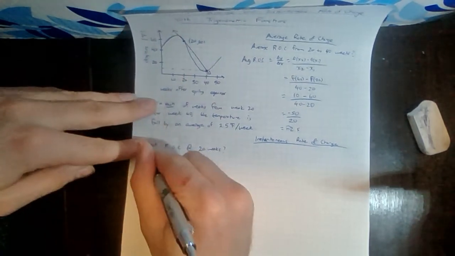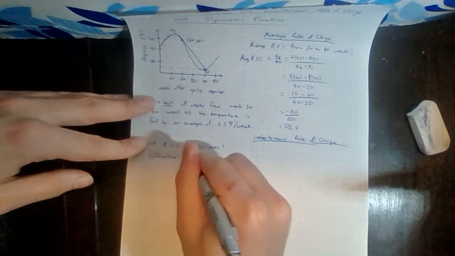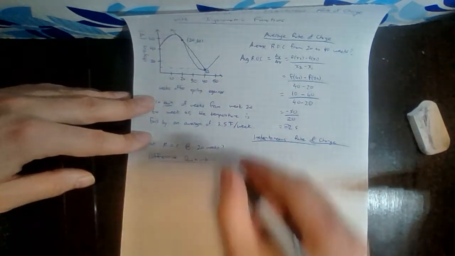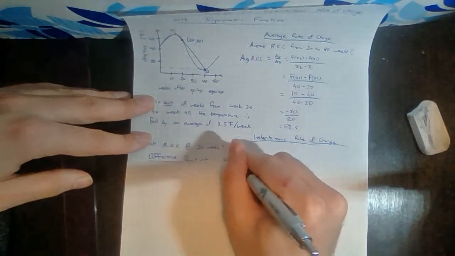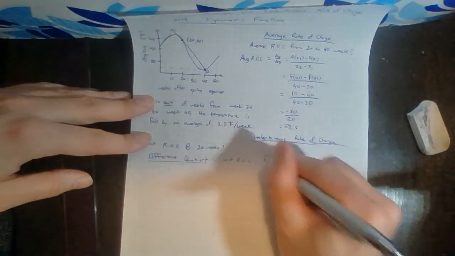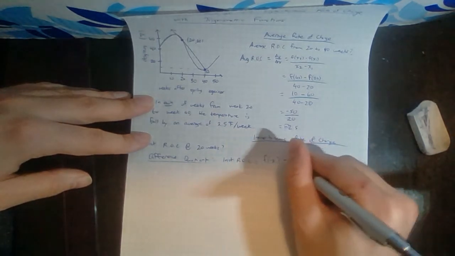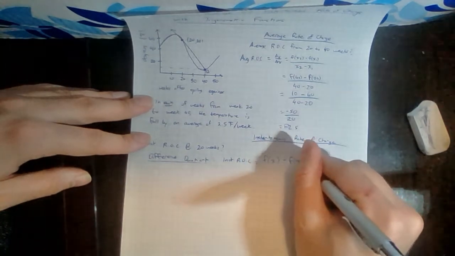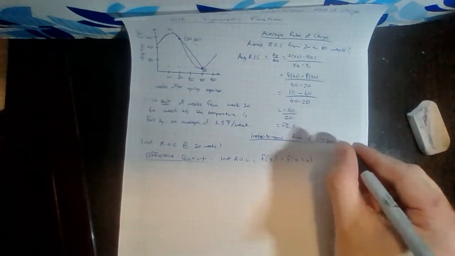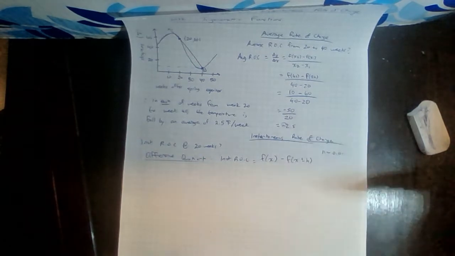We can find the difference quotient, so we're finding f of our x value minus f of either just above or just below that value, and h usually is going to be 0.01.